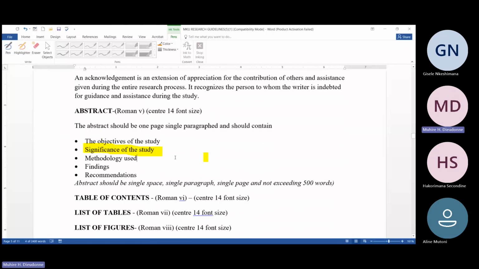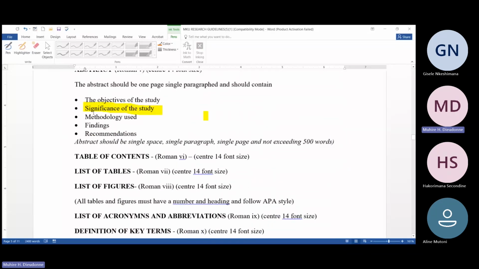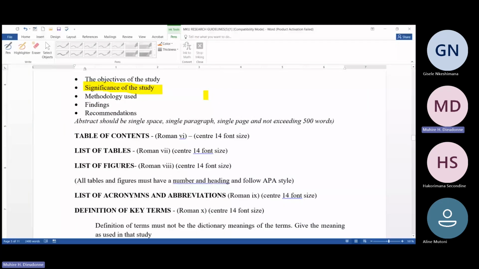Mostly we don't put it. Then methodology. Once you are done with proposal, you may put findings, recommendations, and conclusion. So this is about abstract.